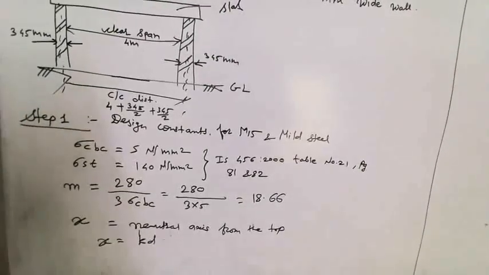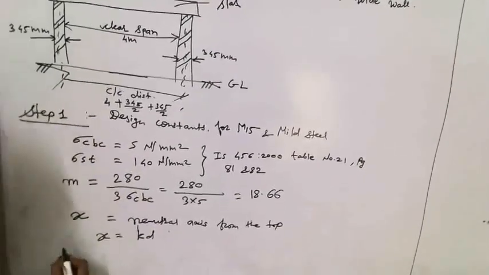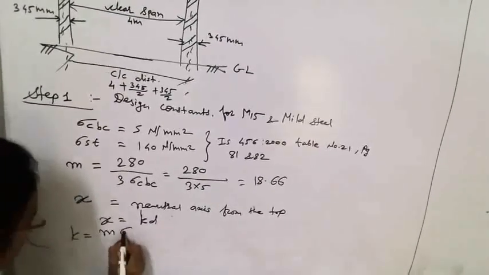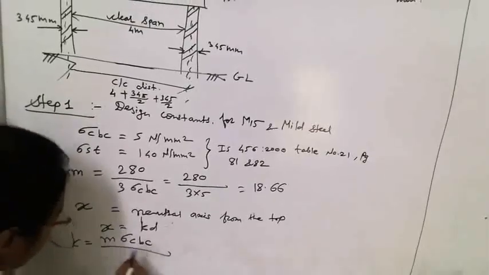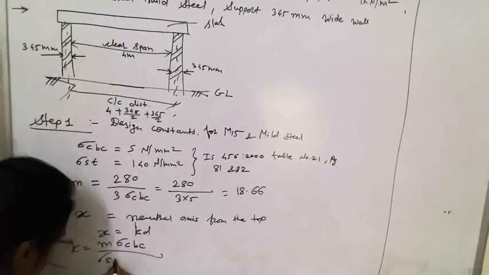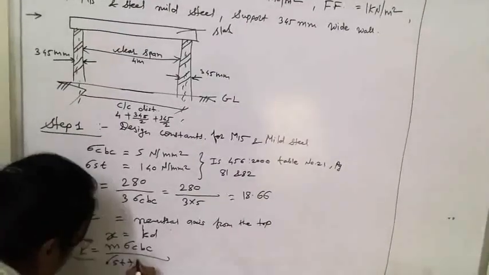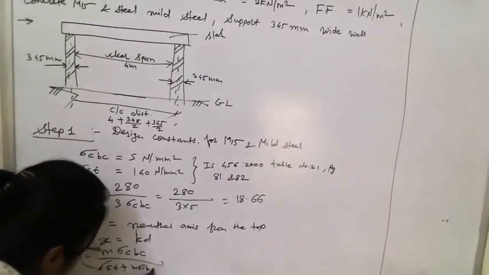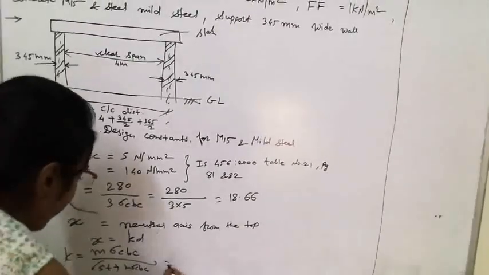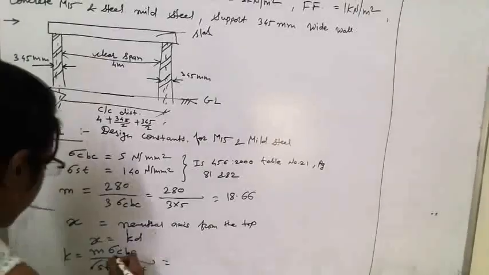And the formula for k is m sigma cbc upon sigma st plus m into sigma cbc. Put all the values and find out the value of small k. What is m?